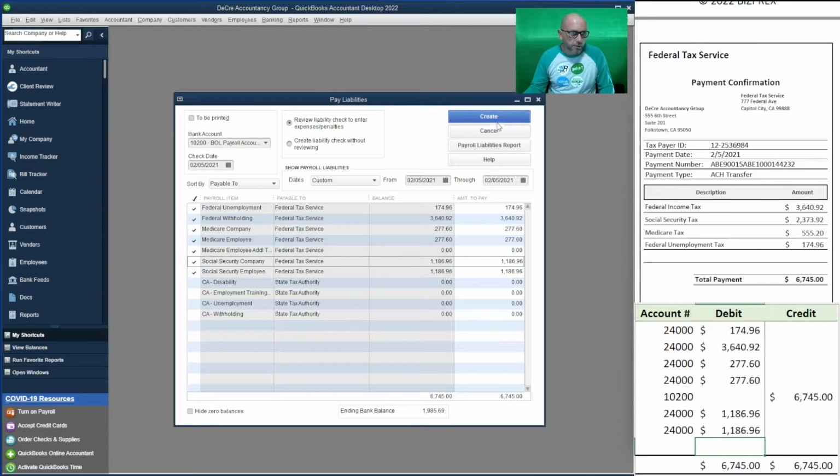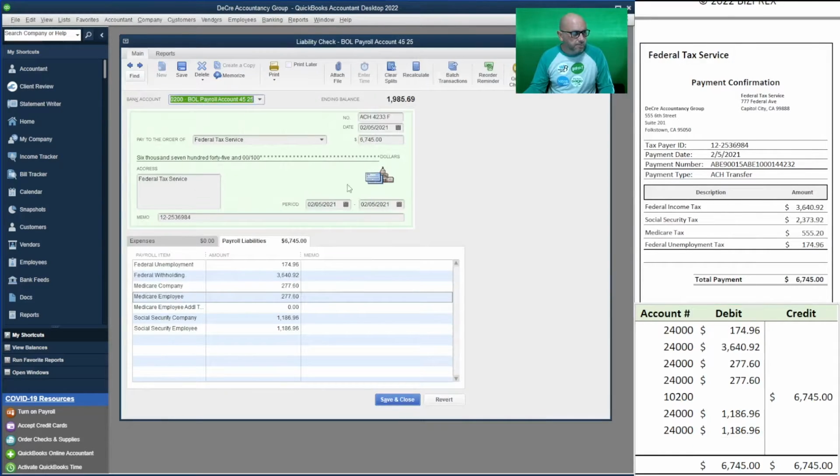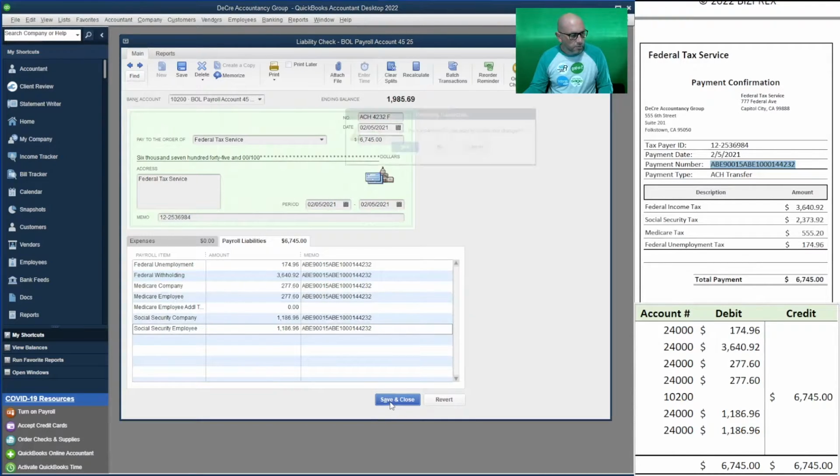So here it is. Let's create that check. There it is. Let's just put those last four. Okay, all good. Can probably use this number. Save and close.